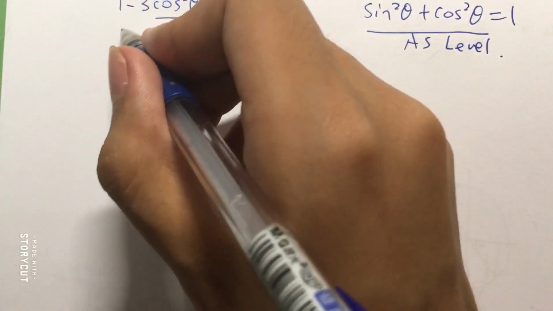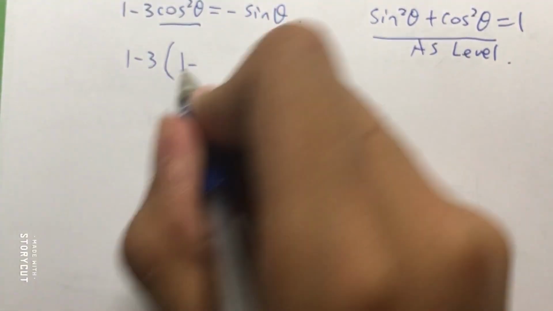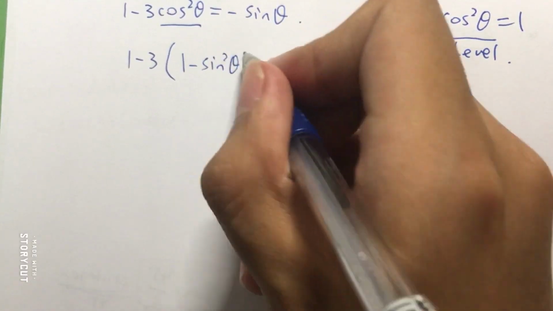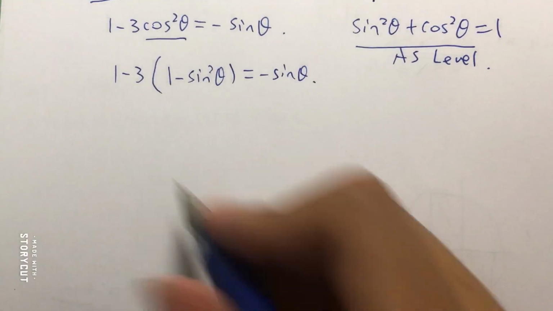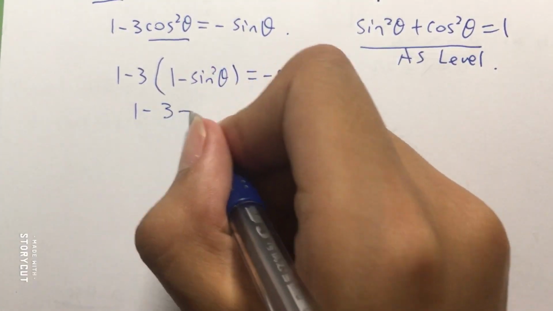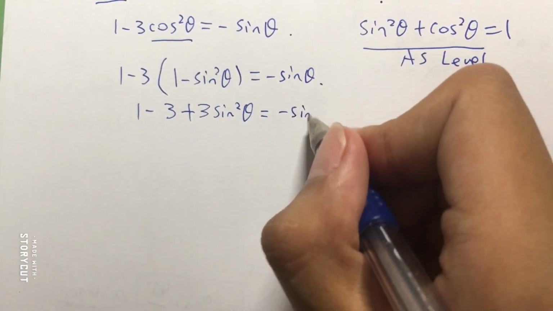So 1 minus 3 cosine squared theta will change to 1 minus 3 plus 3 sine squared theta equals negative sine theta.